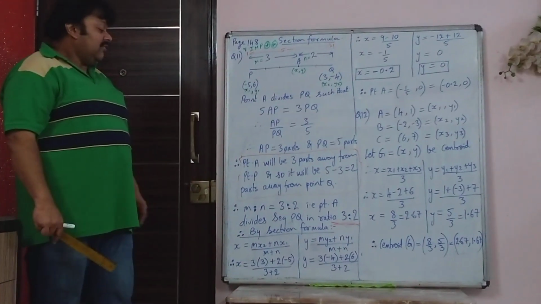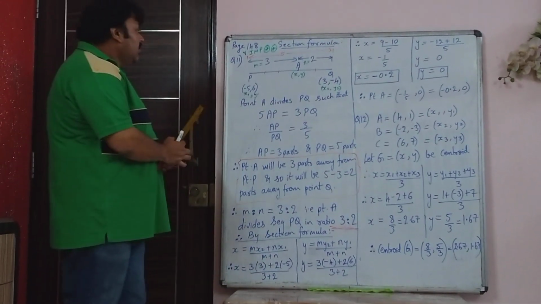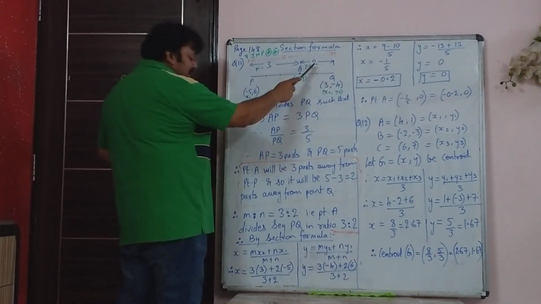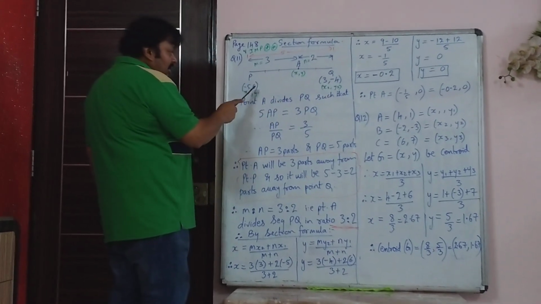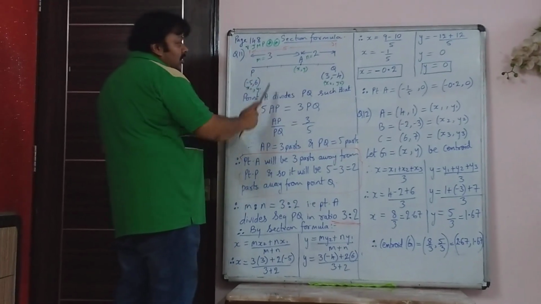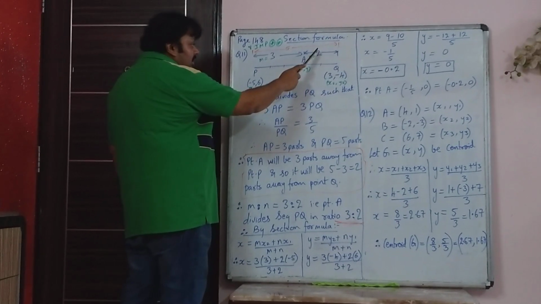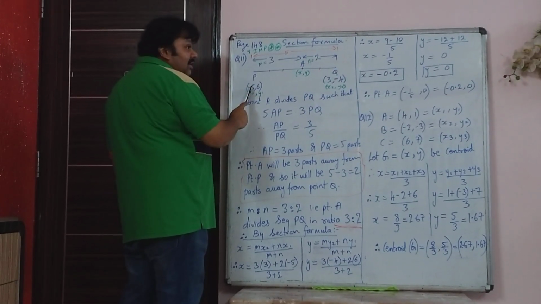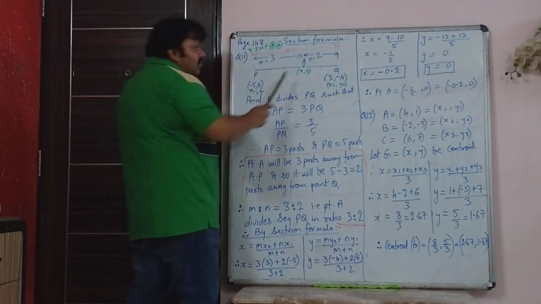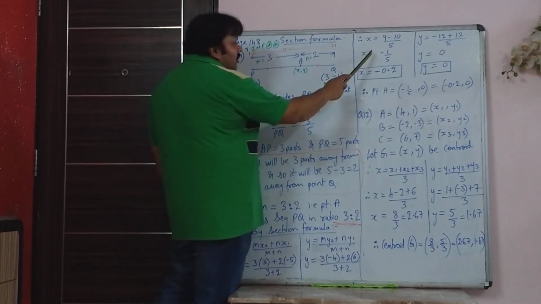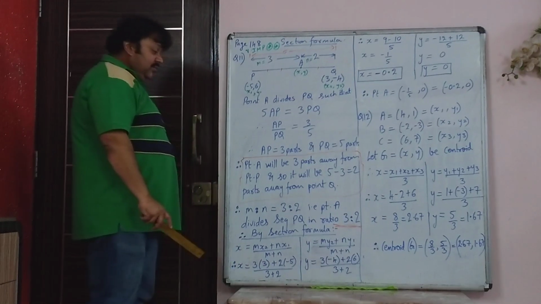So then it is simple and it is the same thing. Section formula. Because this point A divides PQ in the ratio 3:2. So you use the section formula, substitute the values. So you will get this point, x is M x2 plus N x1 upon M plus N. So 3 into 3, 9. And 2 into minus 5, that is minus 10. So 9 minus 10 upon 3 plus 2, that is 5. So minus 1 by 5.